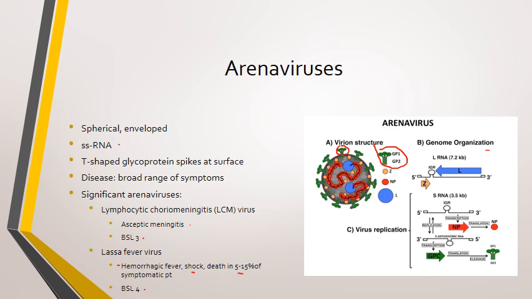Okay. And then, of course, more modern tests would target the genome itself, and you'd look for those genes which are specific to arenavirus, and in this case, Lassa virus, as it were.